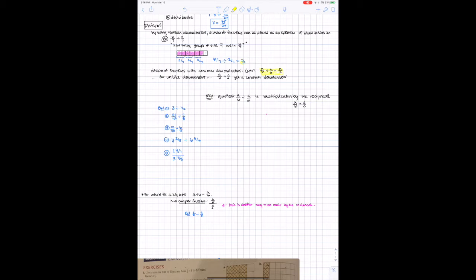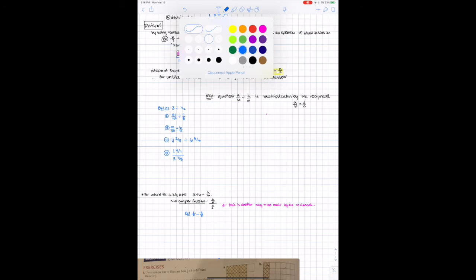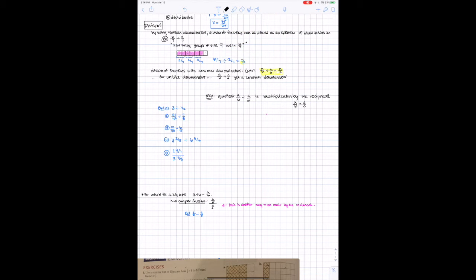And most of the time when we're doing division, we're doing it with not common denominators. So what we can think through is, let's try to get a common denominator if my denominators are not the same. So let's say I have two fractions, A over B and C over D, and I want to divide, but I don't have a common denominator, so B is not the same as D. Just like we would with addition or subtraction, let's go ahead and get a common denominator.